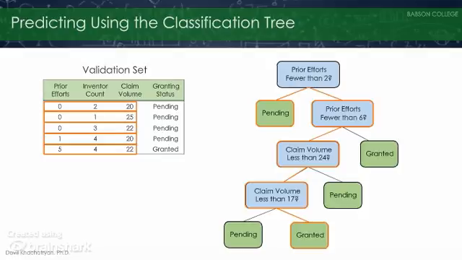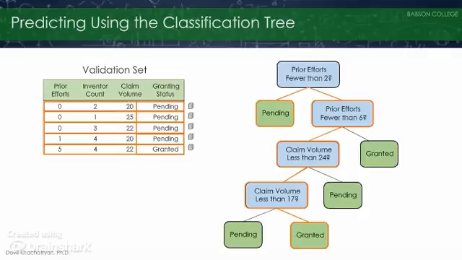Second, third, and fourth were also pending 3 years after the submission, and the last one was granted. So it turns out that our classifications are very accurate for this example, because for each application we were able to correctly predict the status 3 years after the submission. The first is correctly guessed, the second is correctly guessed, and the third, fourth, and fifth are all correctly guessed based on the tree.